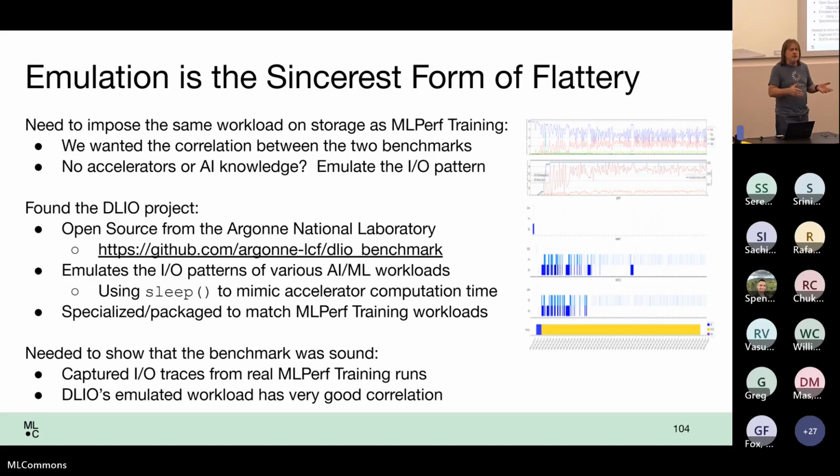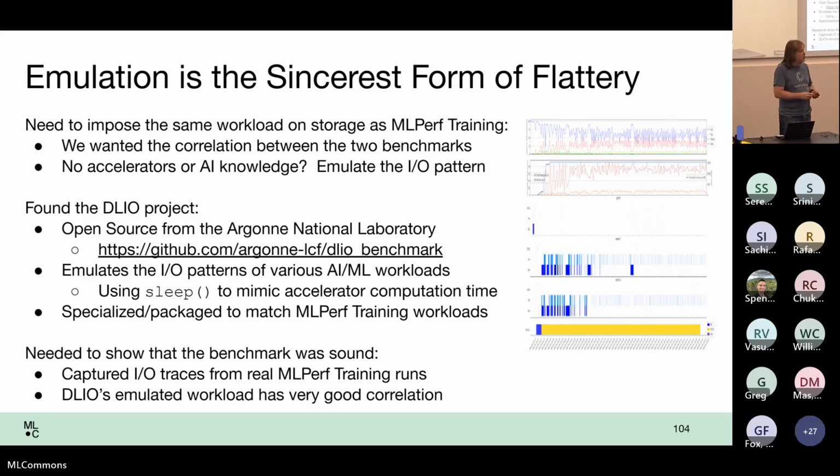Those are extremely different workloads from a storage perspective. And because we also had this goal of not requiring GPUs or AI knowledge, we needed to emulate it. To say we need a program that will apply the same workload to the storage. So we ran across an application out there called DLIO, Deep Learning IO.